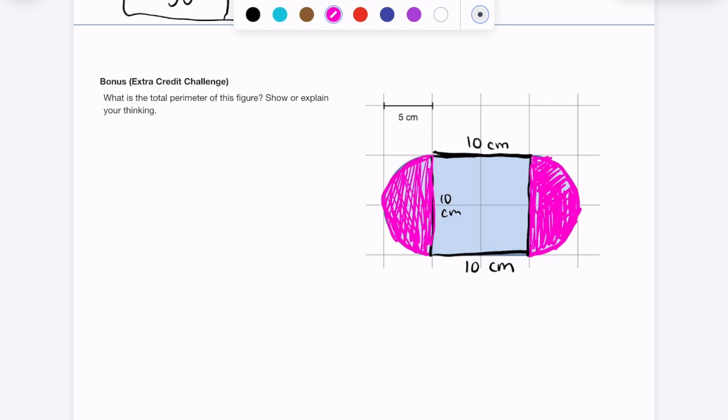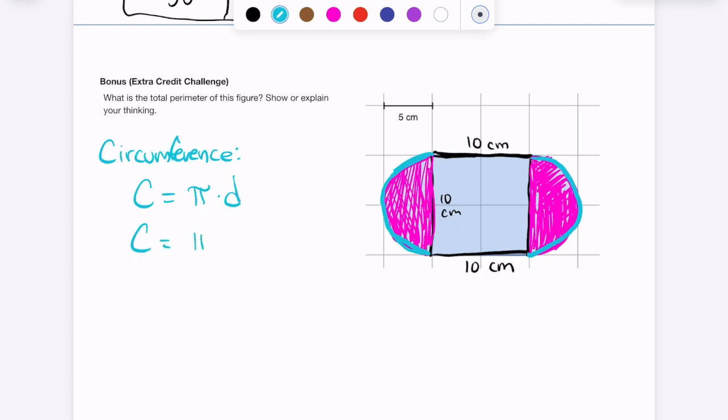So what we're trying to find isn't the area, we're trying to find the perimeter, or the outside of those circles. So we're trying to find the circumference of this circle. Okay, so the circumference is equal to pi times diameter.